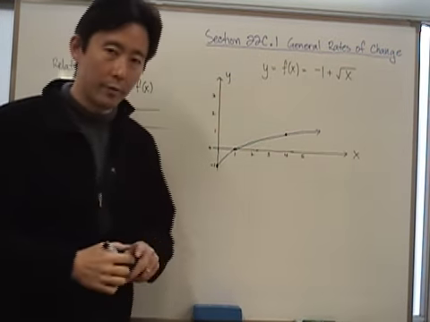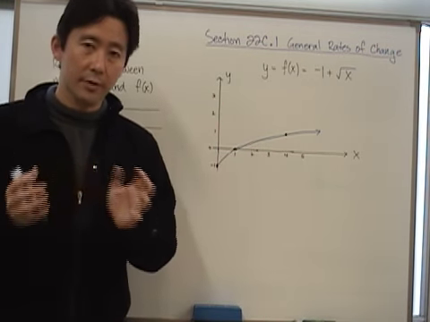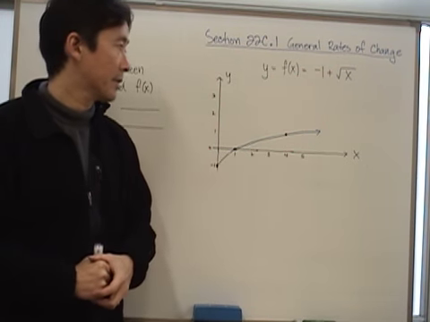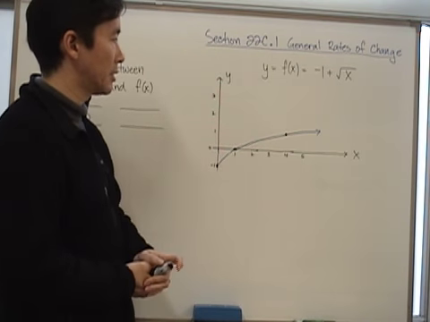Okay? So if we generalize about this, then we can generalize about all the other types of different specific functions that we have. So let's go ahead and take a look at how this applies to calculus and the general rates of change.